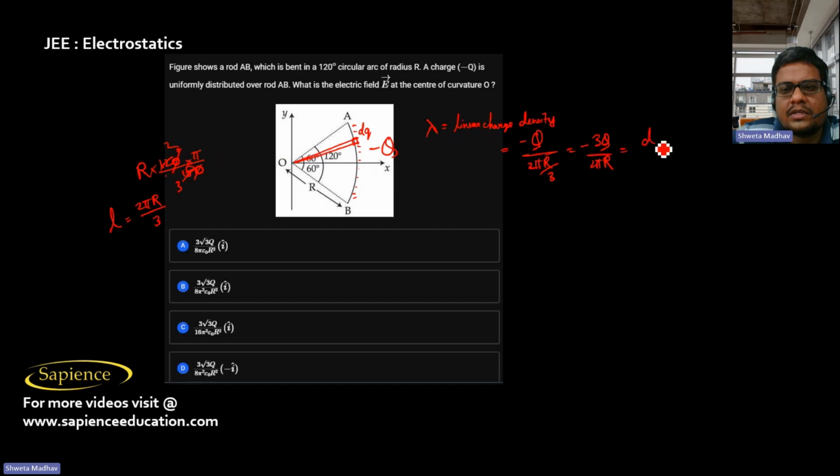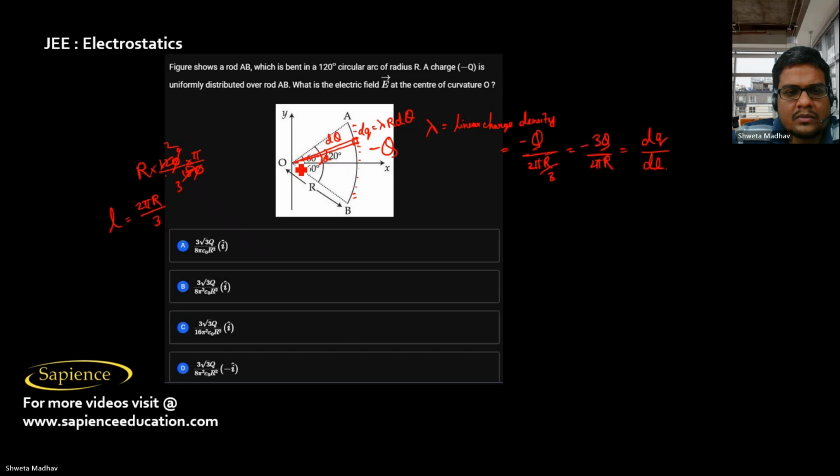Which is also equal to dq by dl. Since it is having length dl, dq is equal to lambda dl, which is lambda r d theta. This angle is d theta, at an angle theta we are saying. Now this electric field will obviously not be like this.